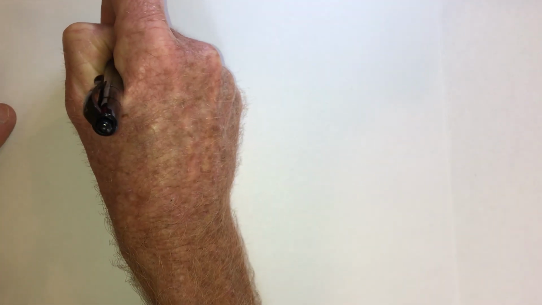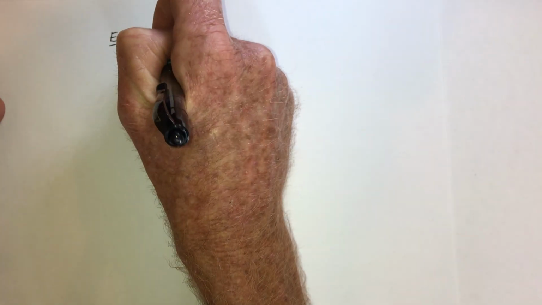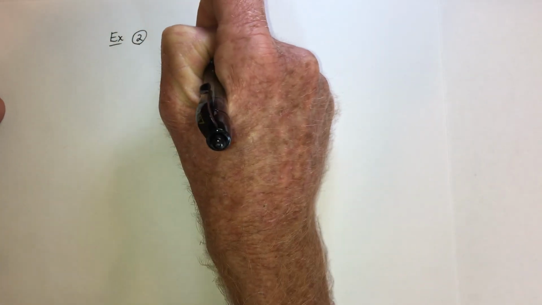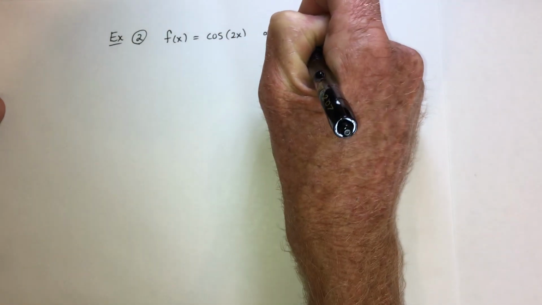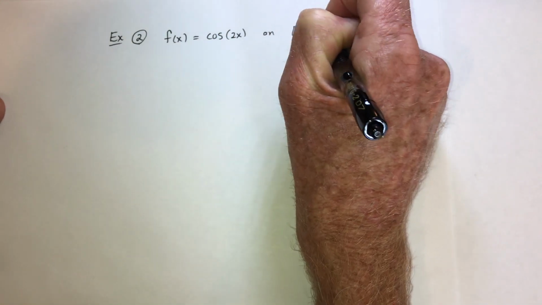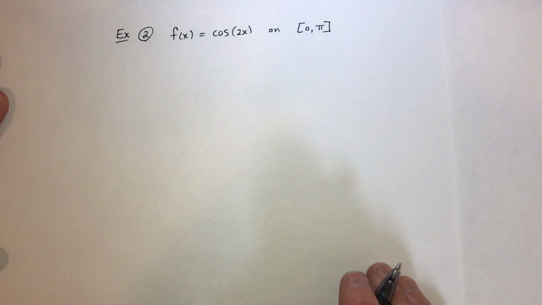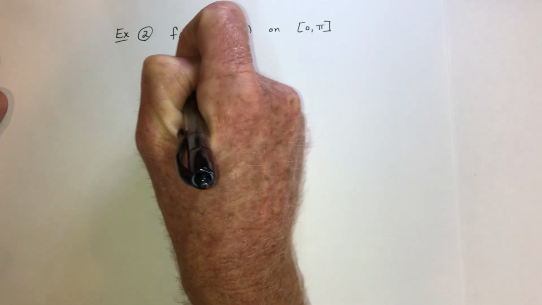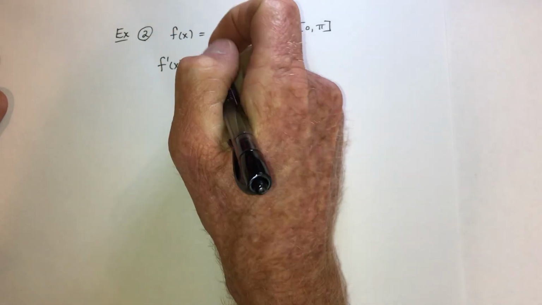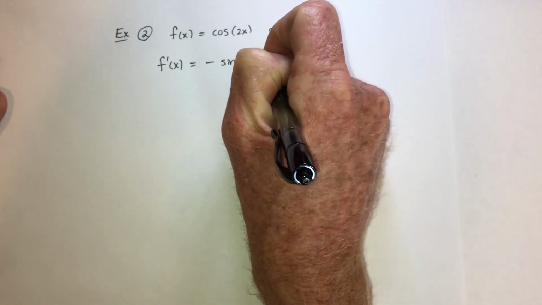So for example number 2, we're going to do the same thing, but the function is going to be cosine of 2x on the interval from 0 to pi. So take the derivative. The derivative of cosine is negative sine of 2x.